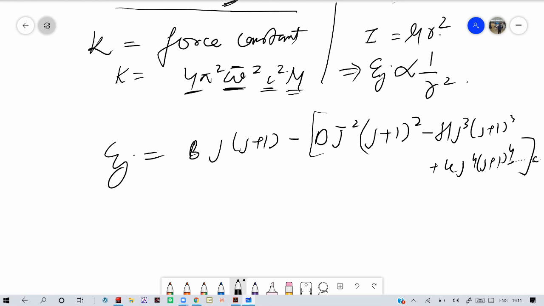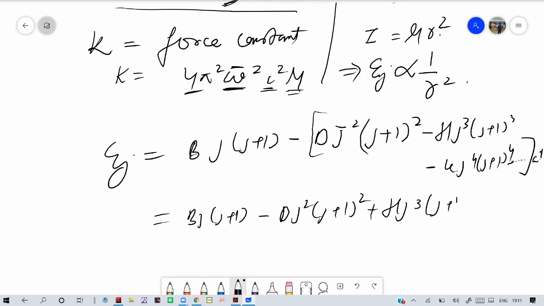This is in centimeter inverse, we are in wave numbers. It is BJ into J plus 1 minus D.